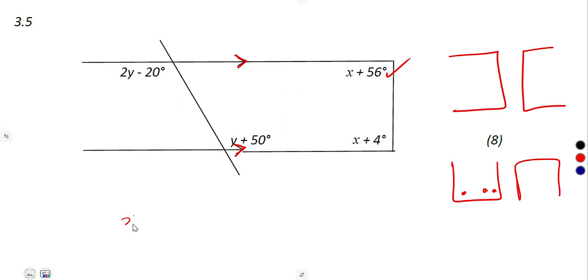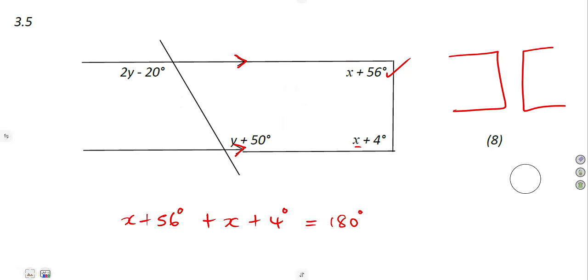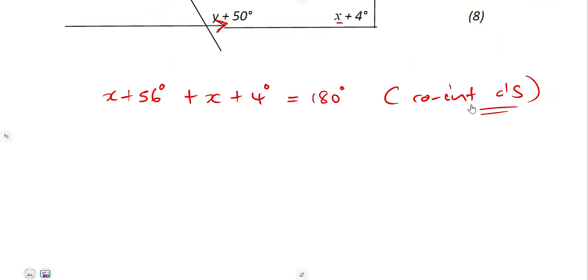So angle x plus 56 degrees plus the x plus 4 degrees is supposed to give us 180 degrees. Those are co-interior angles, as we can see there. We know that they sum up to 180 degrees.